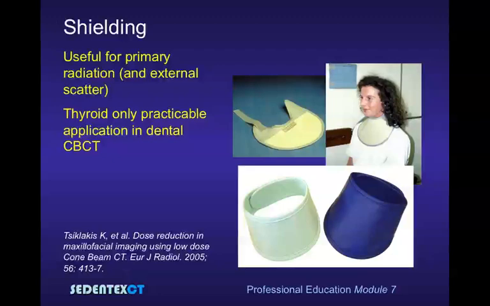Sikalakis et al. in 2005 demonstrated using a large volume cone beam CT scanner that a dose reduction was achievable using thyroid shielding. However, it is probably the case that where small volume scanners are concerned, with good limitation of the field of view, well away from the thyroid gland, that use of shielding is not absolutely essential.